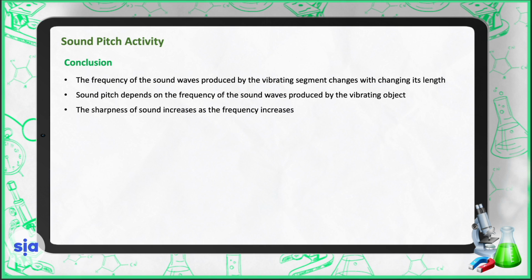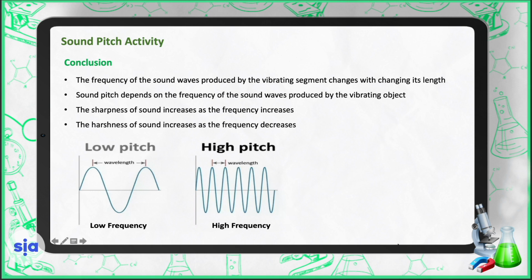The sharpness of sound increases as the frequency increases, and the harshness of sound increases as the frequency decreases. Again, low-pitched sound, low frequency, and long wavelength. High-pitched sound, high frequency, and short wavelength. So the pitch and the frequency show a direct proportional relationship.